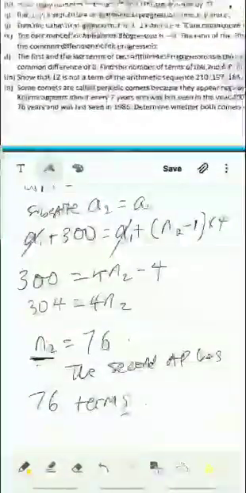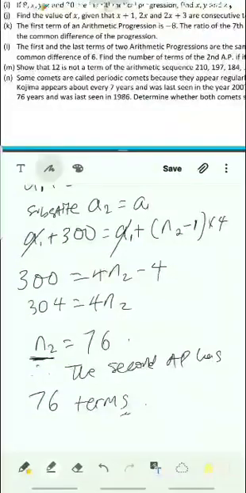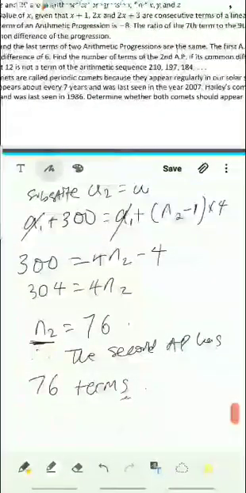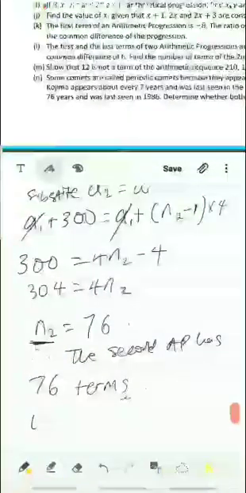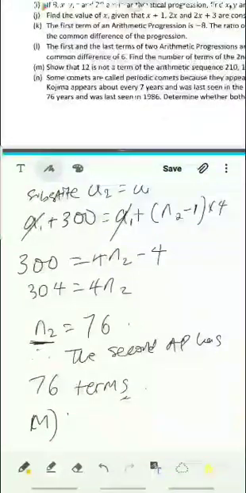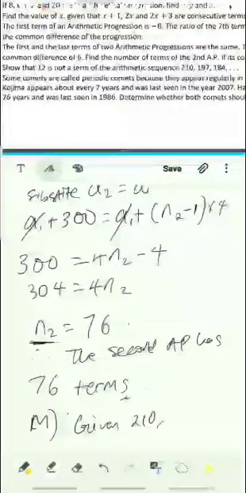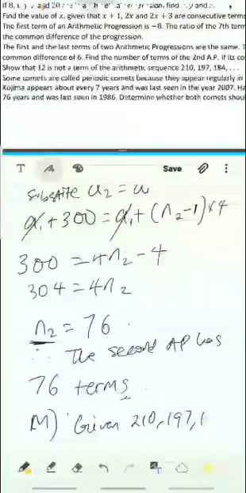So, M. Show that 12 is not a term of the arithmetic sequence 210, and so on. Is it L or what is it? M. We want to show that 12 is not a term of this sequence, given 210, 197, 184.